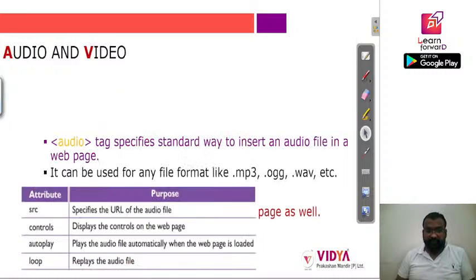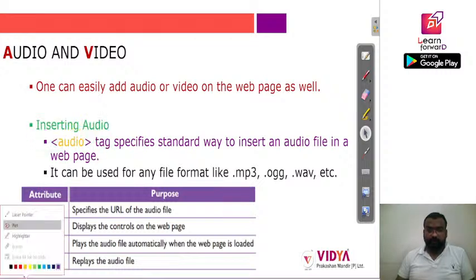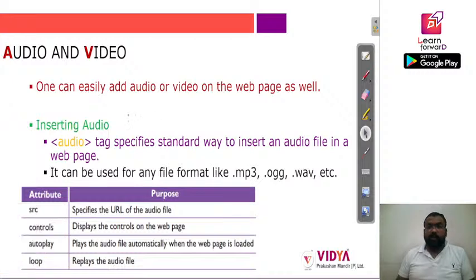Audio can be easily added on your web page, and a video can easily be added as well. When we are going to insert an audio, there is a tag, audio, which we use to insert it, and the audio formats that are allowed are mp3, ogg, and wav.